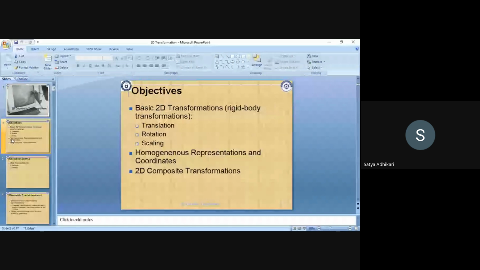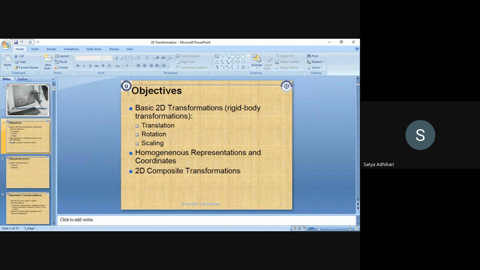So the objective is basic 2D transformation, rigid body transformation, and the first three techniques are translation, rotation, and scaling.